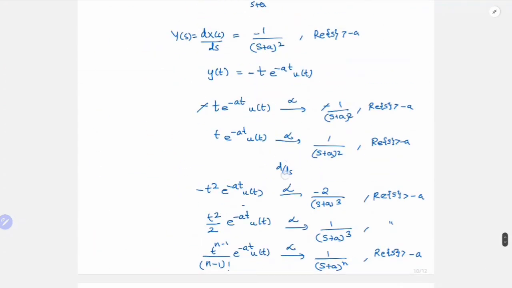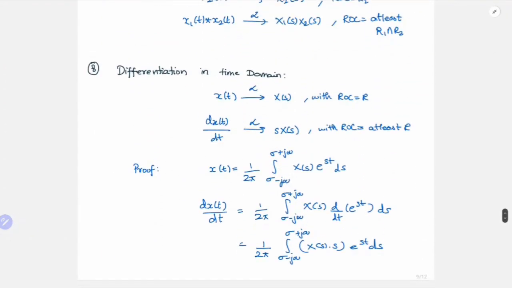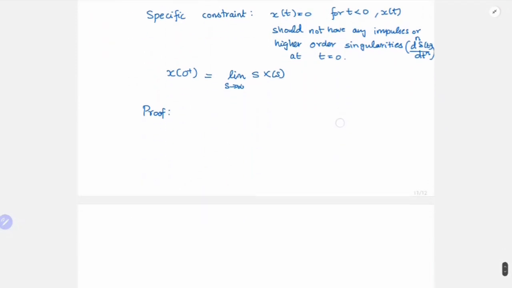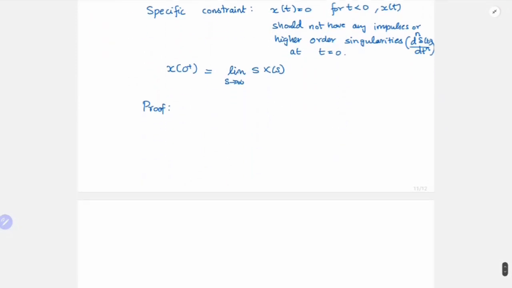So there is also an additional factor we need to include, which we'll see now. I'll once again derive the dx of t by dt formula. We have a Laplace transform for x of t as x of s. So x of s is the integral from 0 to infinity, because x of t is anyway 0 for t less than 0, of x of t e power minus st dt.